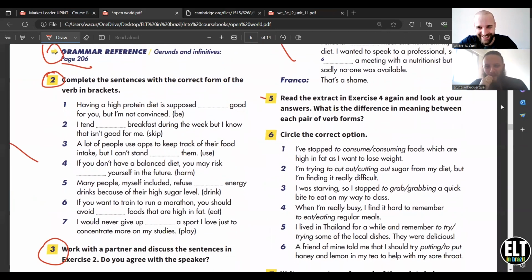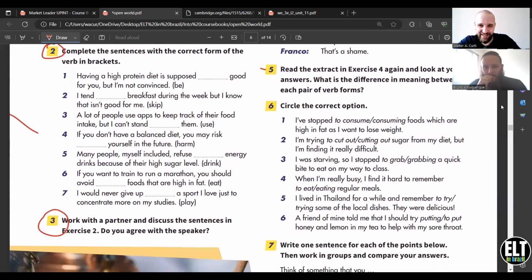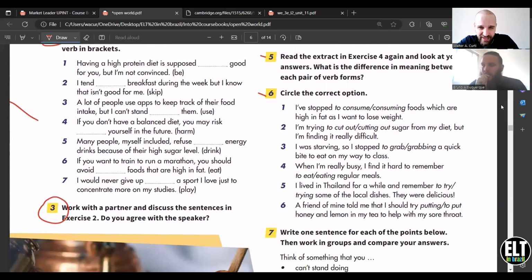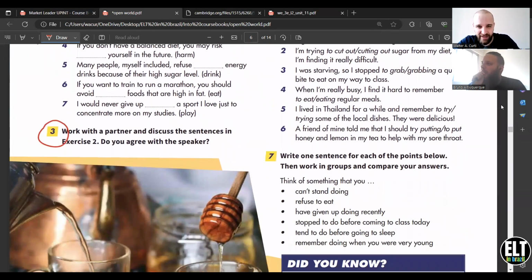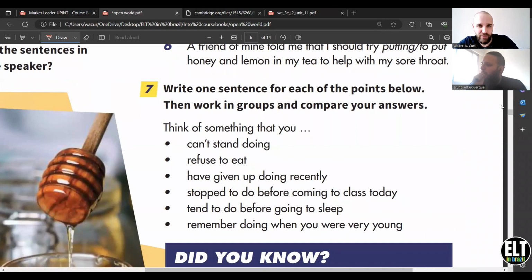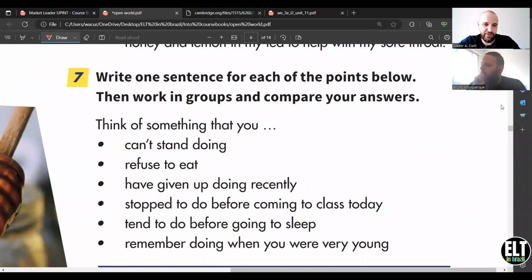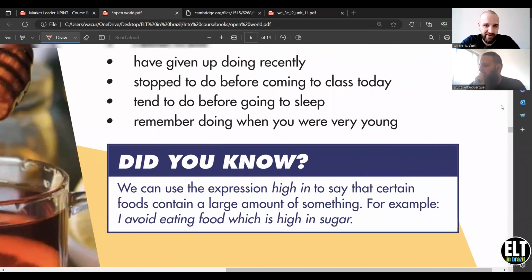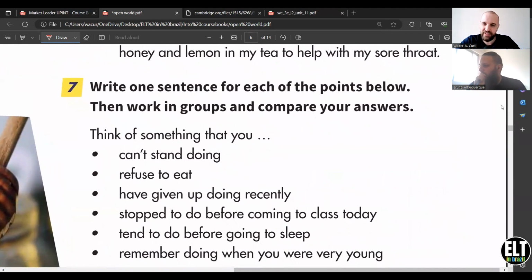Yes. And then you have circle the correct option. And then finally, we get something more personalized in exercise 7. Write one sentence for each of the points. And now students are actually going to personalize. And even though you don't have that, of course, you're going to have them speak and talk together, right?